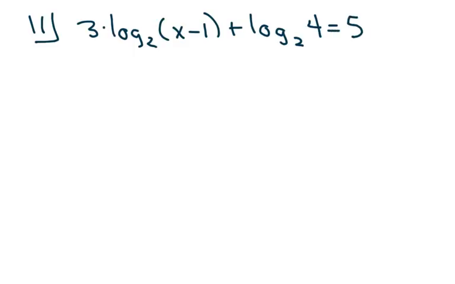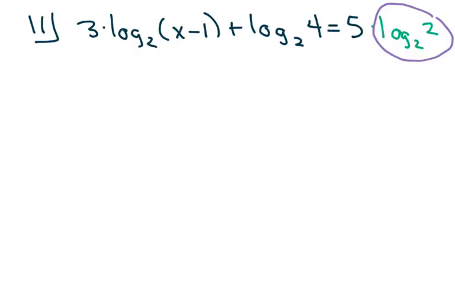Now what you notice right away is we don't have a base log here. So what I'm going to do is multiply this right here by log base 2 of 2. Again, we already went over this, but this equals 1. So 5 times 1 is just 5. This is 1 in log land.